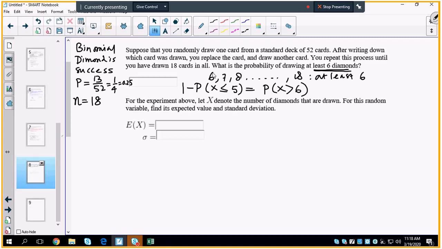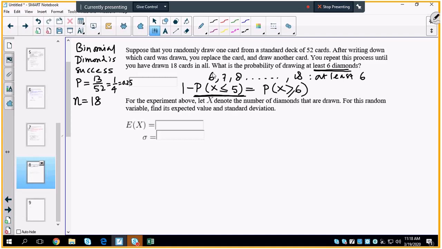Instead, if you find the probability of the complement, that means I am 6 or up, so why don't I find 5 or less? So 0, 1, 2, 3, 4, and 5. I don't want them. So I find that and subtract it from the total. Total probability is always 1, and I get my result. I get the probability when x is greater than or equal to 6. So that's way easier. Now, how do I find a probability of more than one event at the same time?